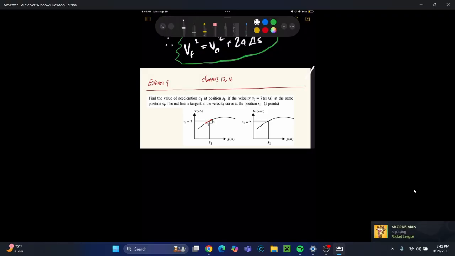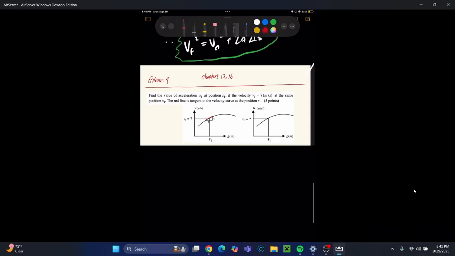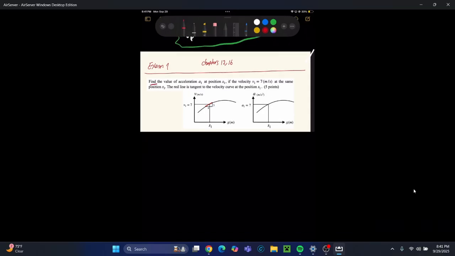This is the first problem of the exam, and I'm going to note a couple key things. Actually, let's just read it first. So, find the value of acceleration a1. So, we're going to find this value right here at this point, at position s1.